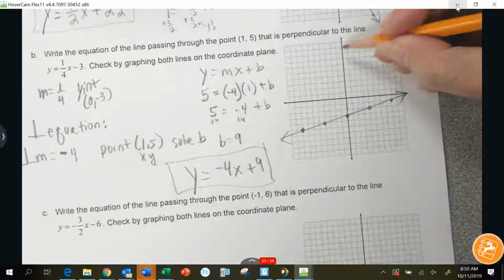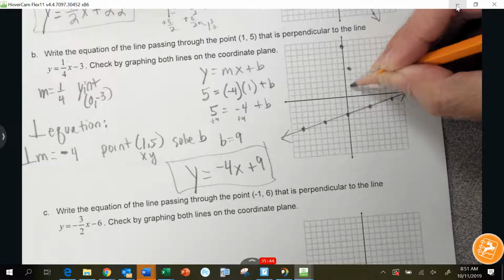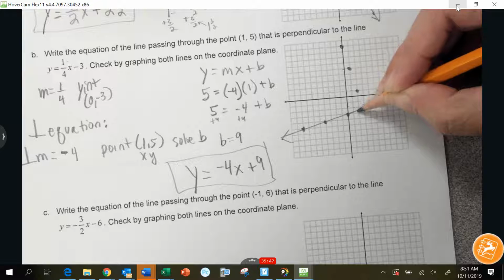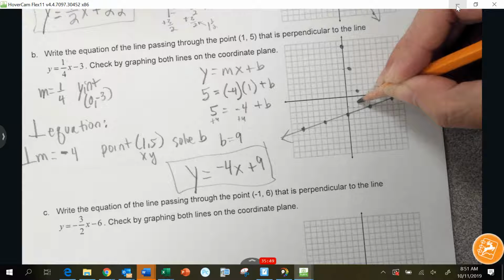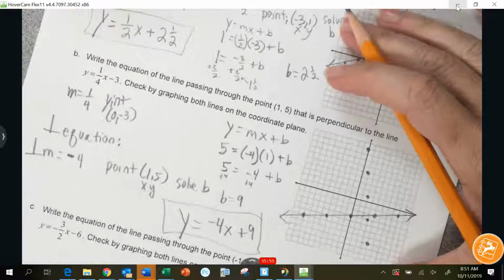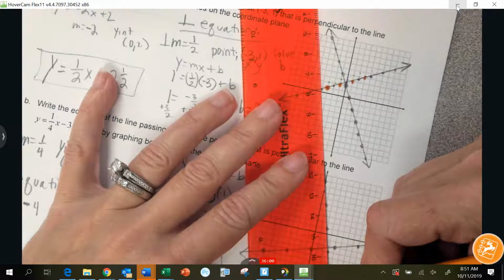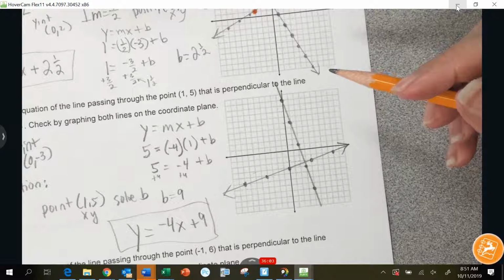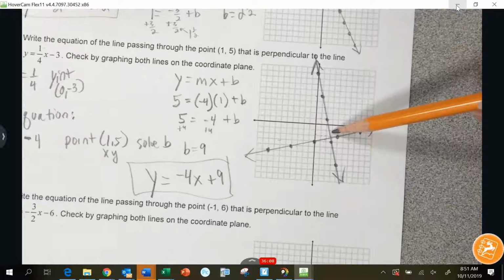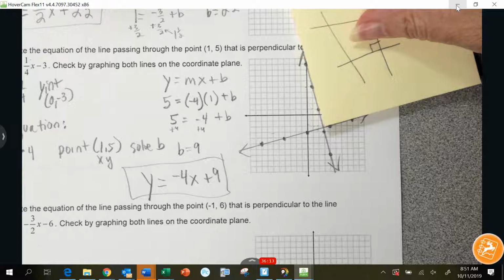Our new one, we have to start at 9, go down 4, over 1. To check these, you could take your Post-it and put it in there and just make sure it actually makes 90 degrees, which it should if you did a good job of graphing it in the first place.